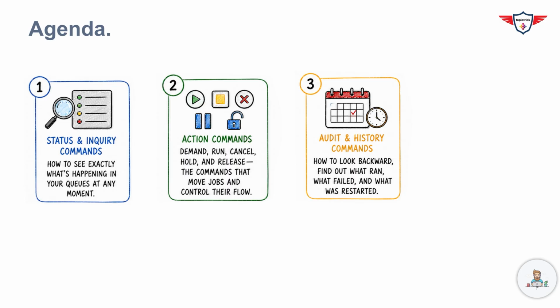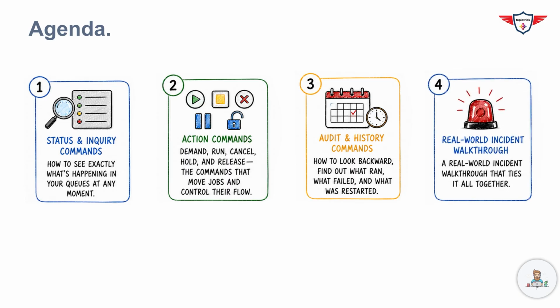These commands move jobs and control their flow. The third one is the audit and history commands, which help you look backward and find out what ran, what failed, and what was restarted. And finally, a real-world incident walkthrough that ties all these commands together.